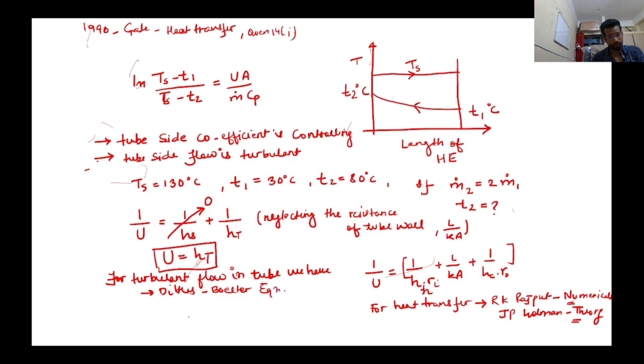Just cross-check the spelling. So the Dittus-Boelter equation is Nusselt number equal to 0.023 Reynolds number to the power 0.8 Prandtl number to the power 0.4. Reynolds number we all know. Prandtl number, remember from the word P mot.